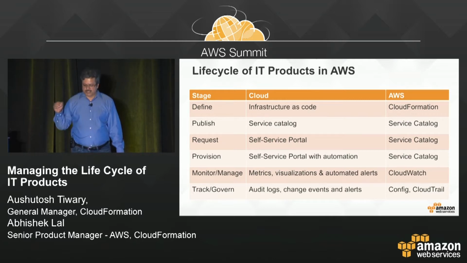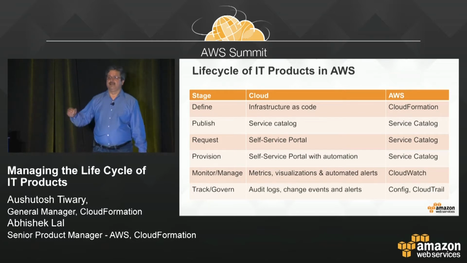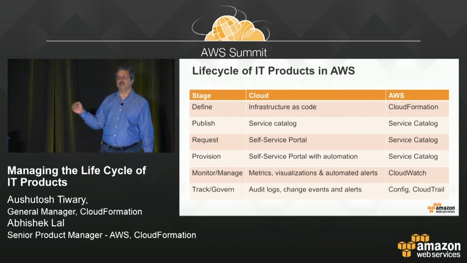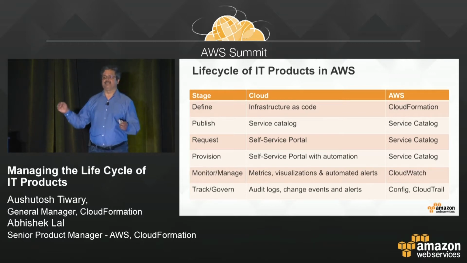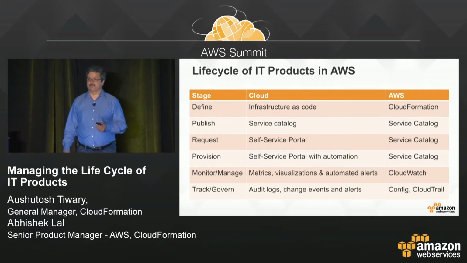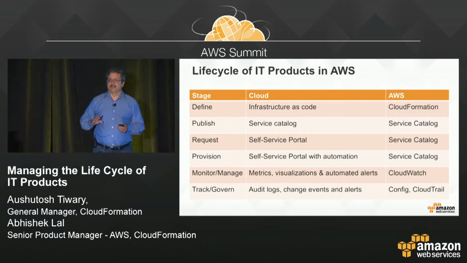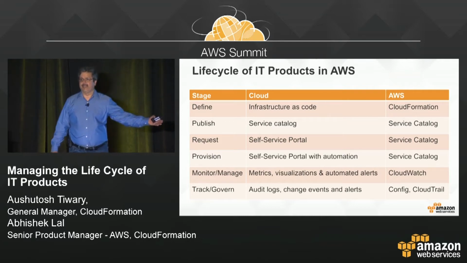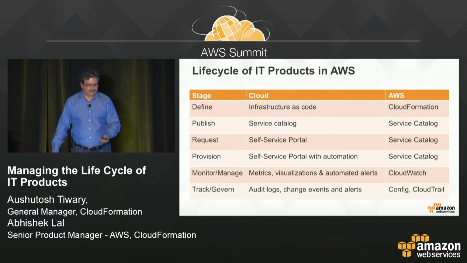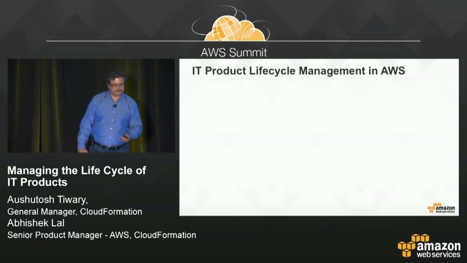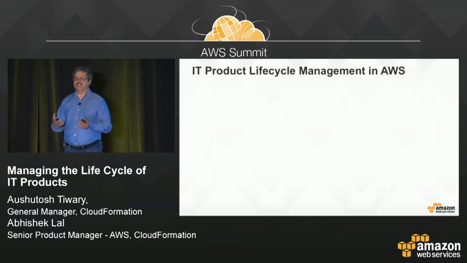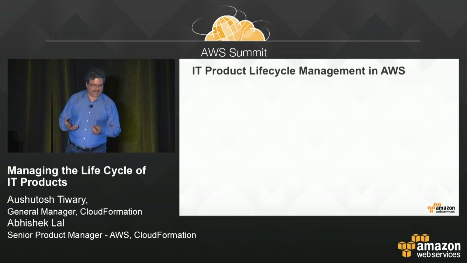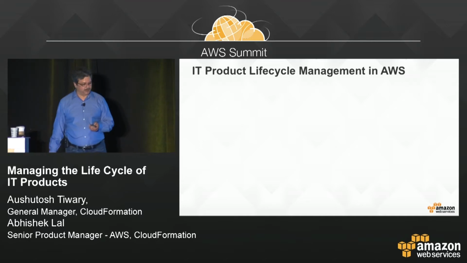And customers would use CloudWatch, AWS Config, and AWS CloudTrail to monitor, manage, and track and govern these products. Okay? So these are the key stages of how things are done today and how they would be done in the cloud. Let me now walk you through how this suite of tools interact to help you manage these products in AWS.